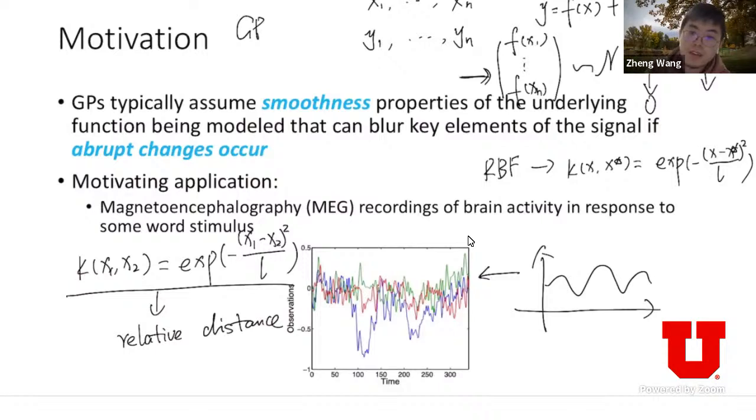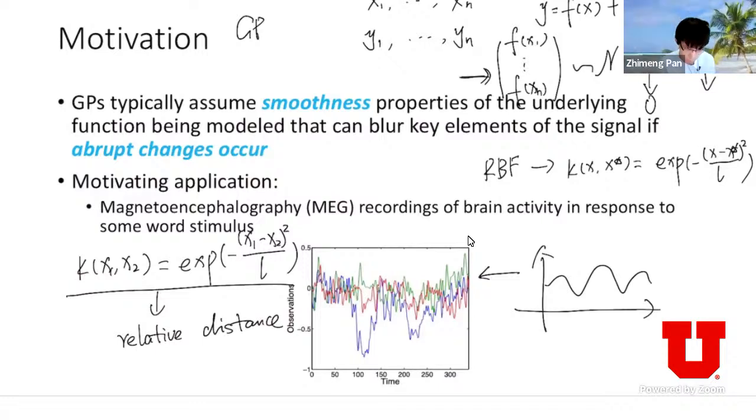Here they just collect multiple trials of the same word stimulus. After some processing, they can get some underlying results of how your brain works.